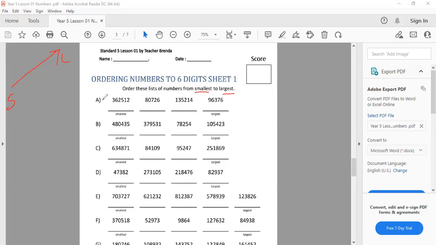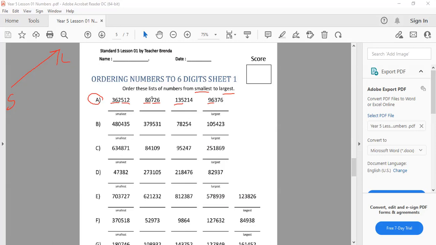For example, number 8. Let's look at this. 362,512. Remember, read three numbers together. This one, 80,726. Of course, looking at this is only 80,000. This is 135,000, blah, blah, blah. This is 96,000, blah, blah, blah.